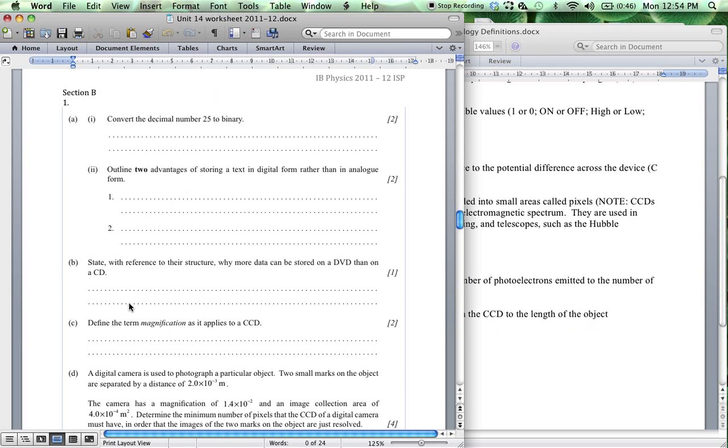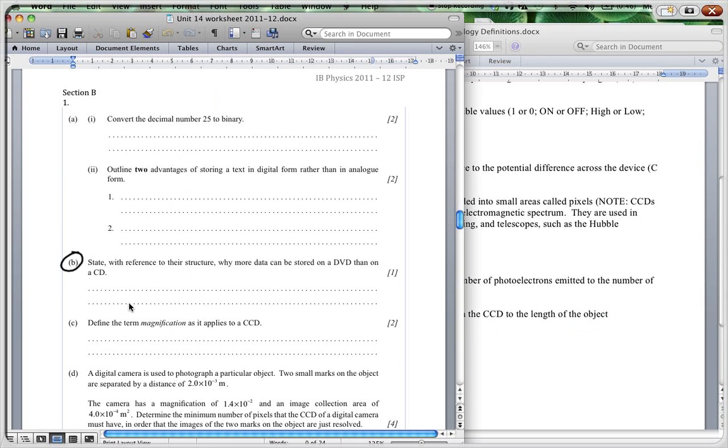And I seem to have missed out question B, which says state with reference to their structure why more data can be stored on a DVD than a CD.